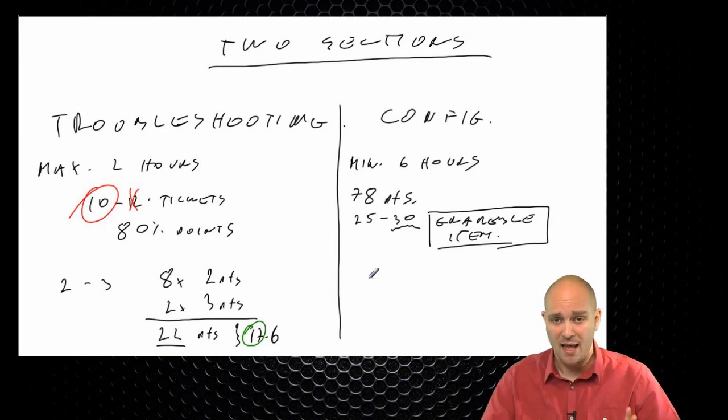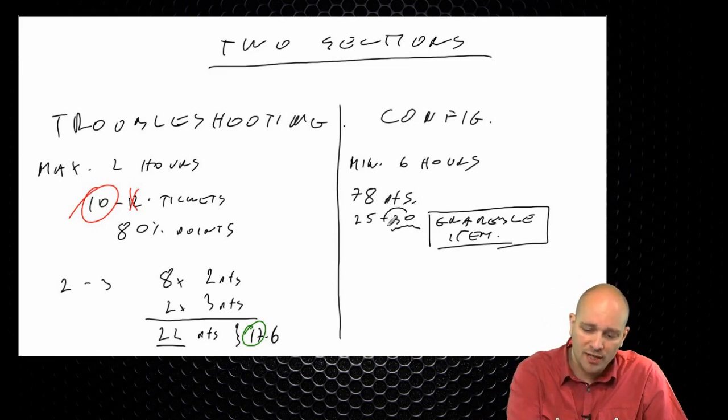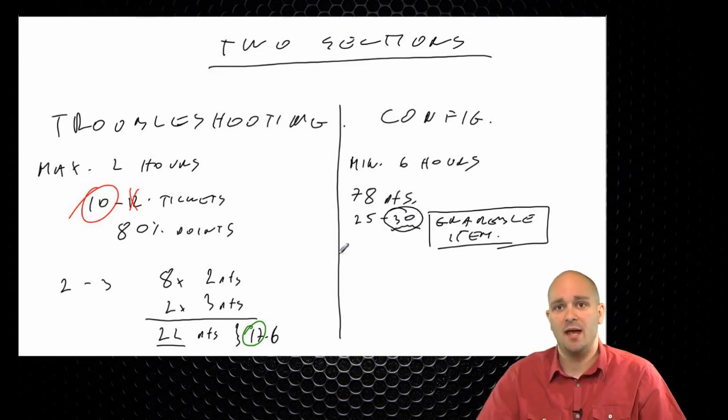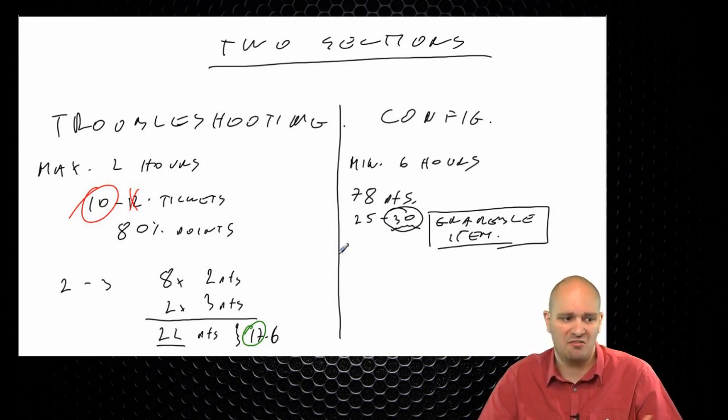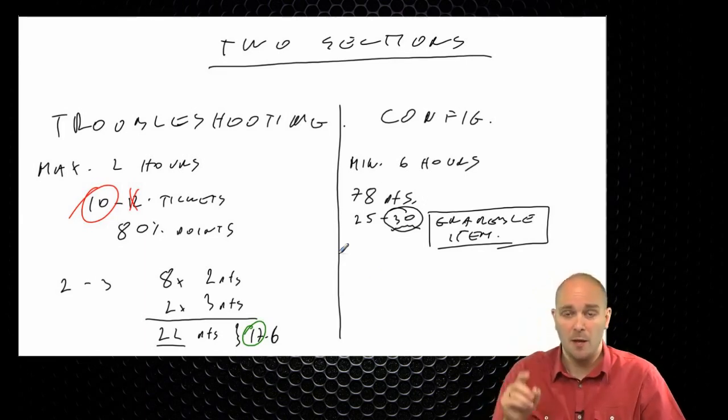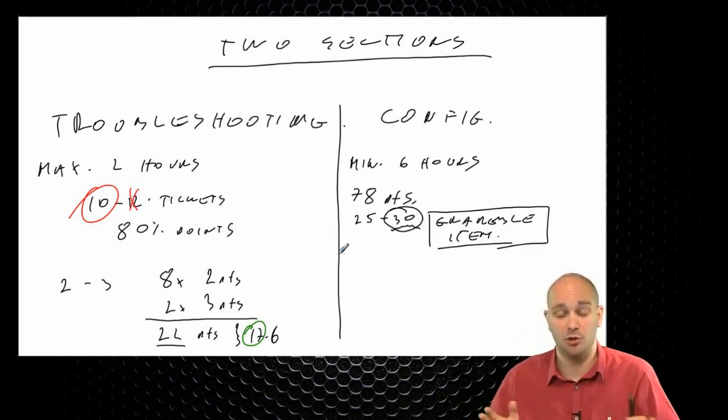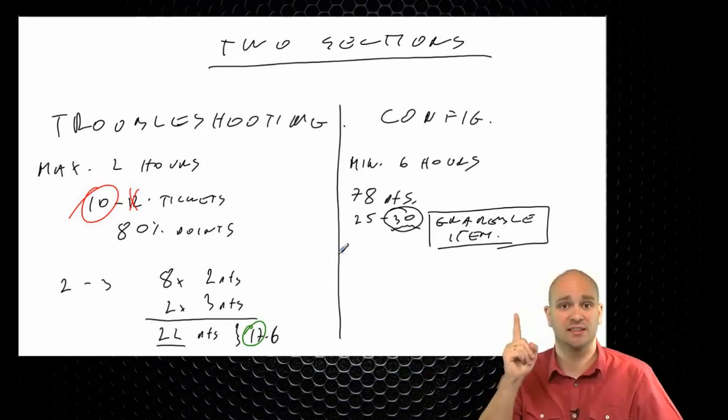Just what I said. And also, that means that the more gradable items you have, the better it is for you. Because the last thing you want is to have 10 questions of 7 points each. That means that there are a lot of points to lose if you miss a single bullet point. The best possible lab that you can have is the lab that has 78 gradable items that each carry a single point.